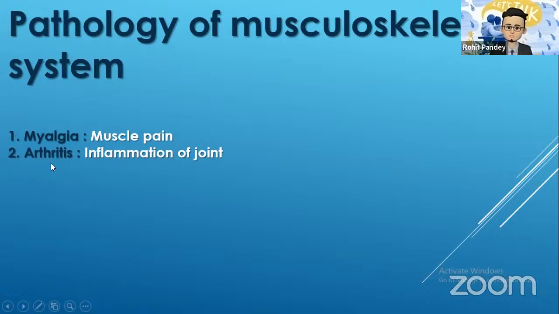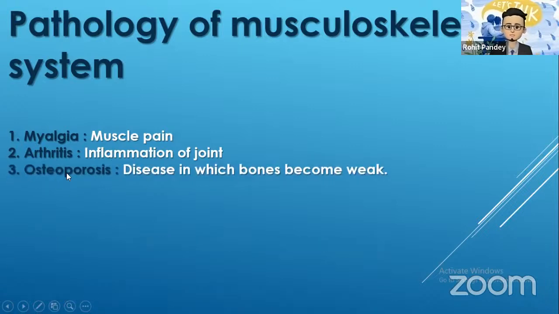When they are connected they make arthritis, meaning inflammation of the joint. Osteo means bone. Porosis means softness, a disease in which bones become soft or weak.